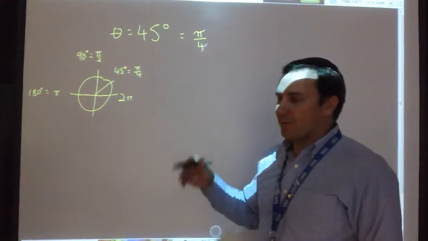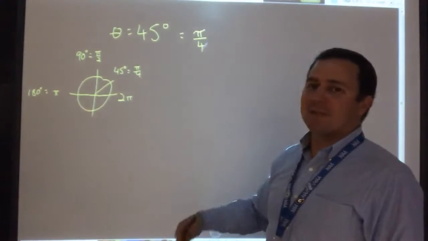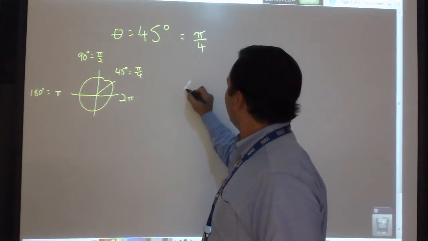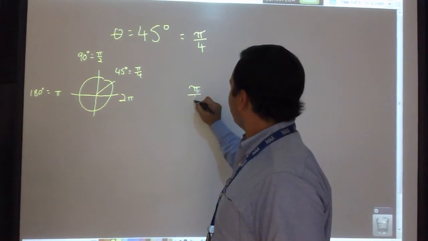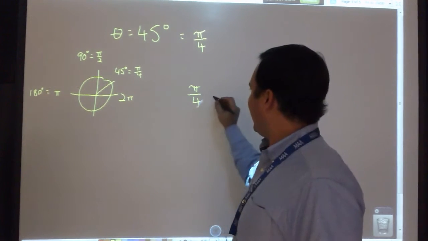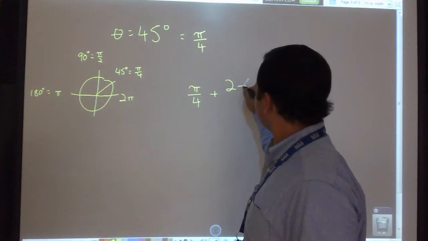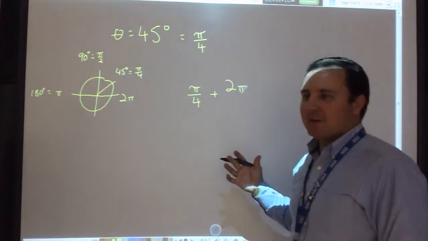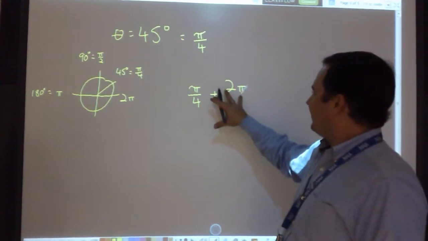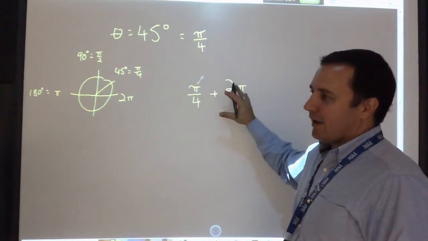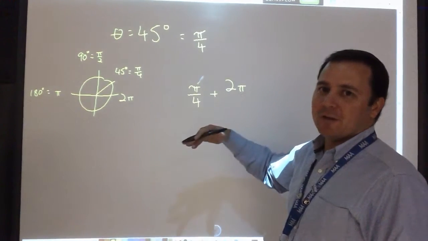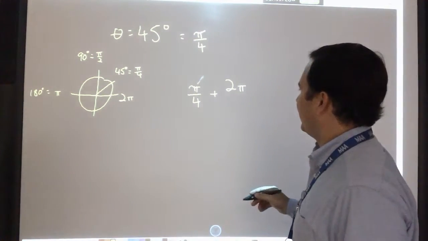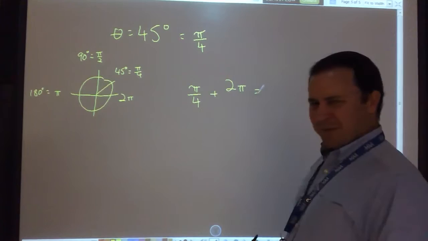So for my positive coterminal angle, instead of adding 360, I'm going to add its radian equivalent, 2 pi. And there's a calculator trick. You can leave out the pi's, add, convert it to a fraction, and stick the pi back in. But I'm kind of old school.